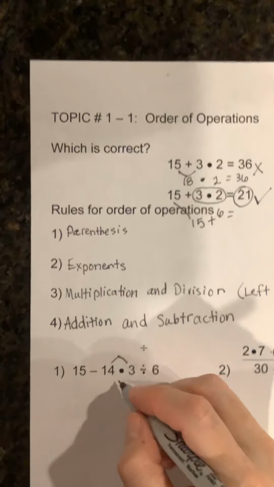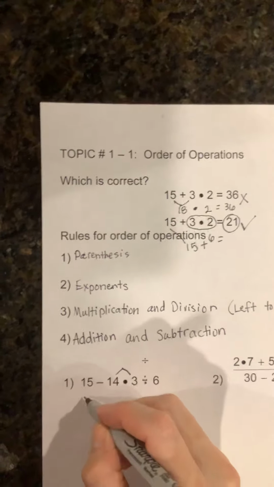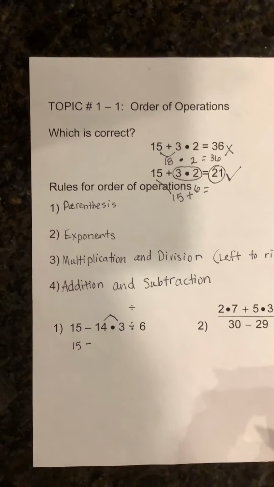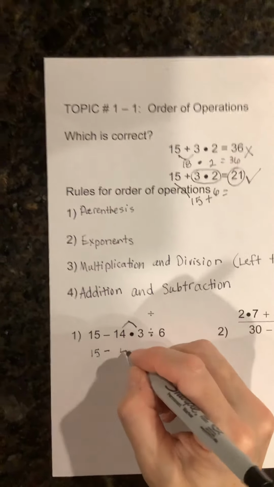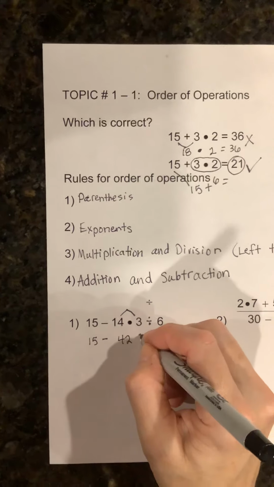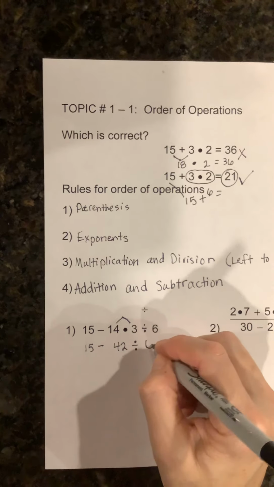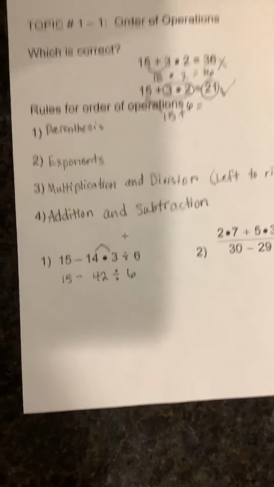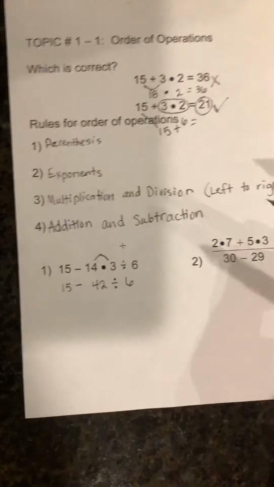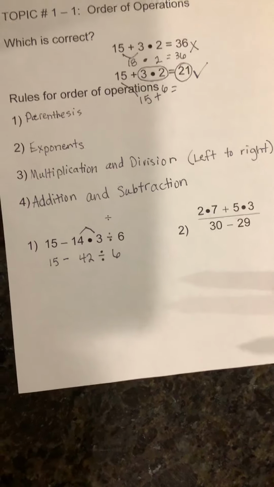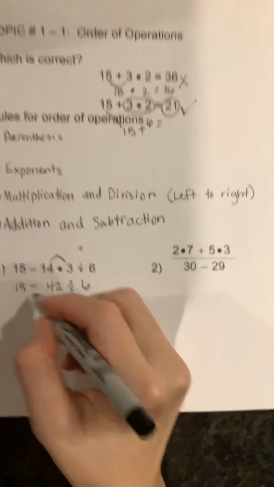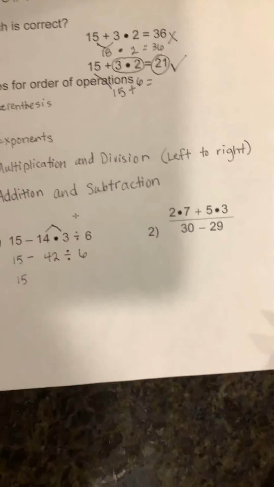which gives me 42. So I'm going to bring down this 15 and that negative sign. So 14 times 3 gives me 42. And then I'm going to bring down the divided by 6. Okay, so now again, I'm going to use my order of operations. And now I have division. So I'm going to bring down my 15 because I'm not doing anything with it.